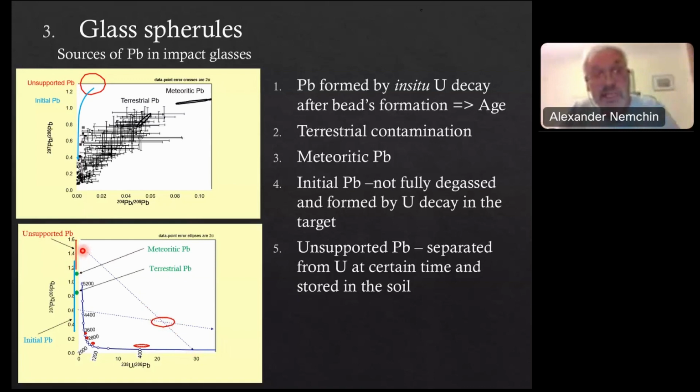So if we say we believe that it's unsupported lead that shifts it here, then we will be correcting along this line here and finish with the age of about 30 million years. But if we believe that it's not unsupported but initial composition, then we'll be projecting it along this line, and it will intercept the Concordia curve somewhere to the right, and the age would be very young, whatever, 5 million years or whatever.